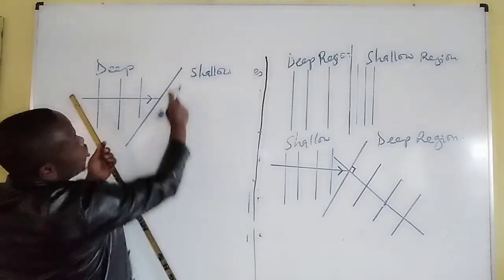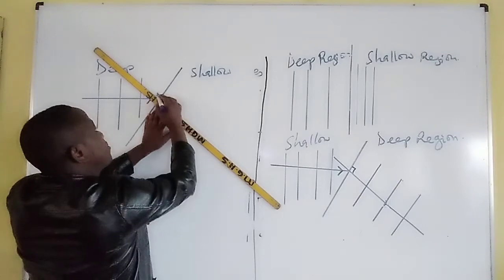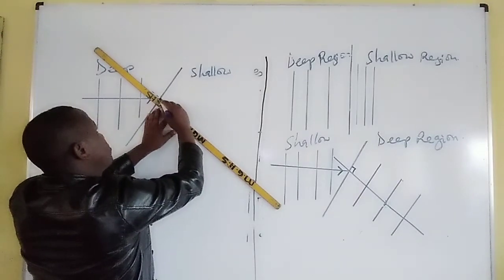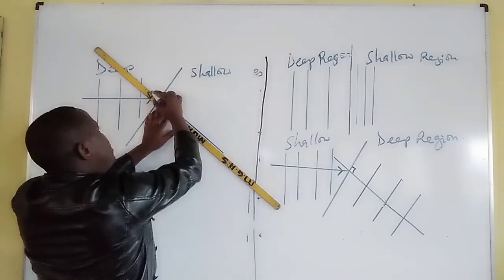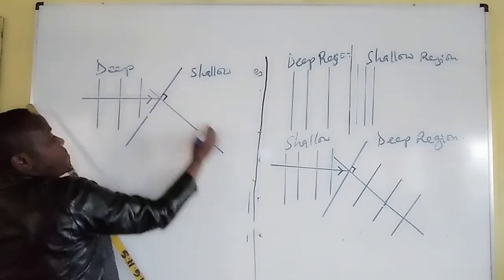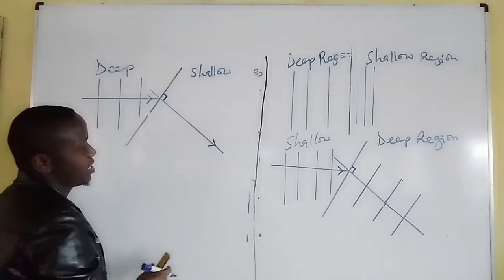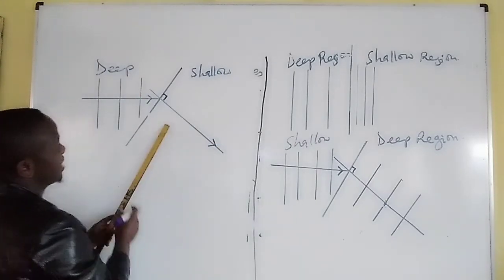Therefore, we can draw a normal to this boundary, and the direction of the wave train is along that normal.